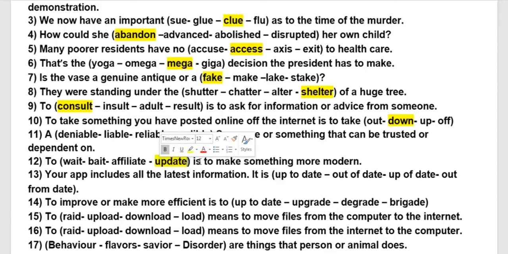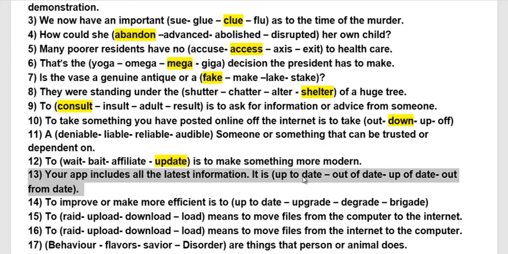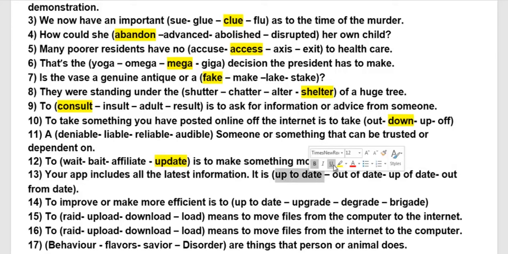Update means to make something more modern. Your app includes all the latest information. It is up to date. Up to date means modern, as opposed to out of date. It is written this way: up to date.